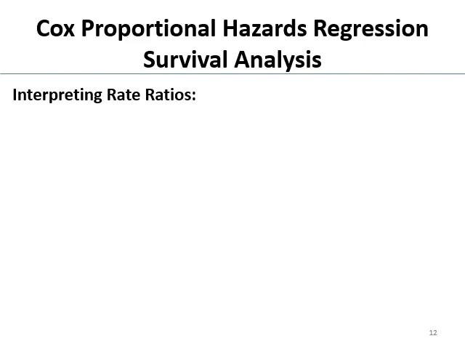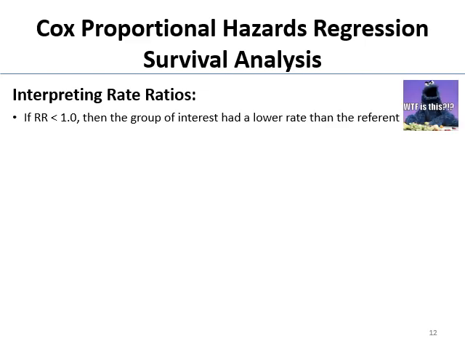So how do you interpret these rate ratios? So if the rate ratio is less than 1 and significant, that's important, then the group of interest had a lower rate than the referent. So it's just like odds ratios. If the rate ratio is less than 1, just like an odds ratio less than 1, then the group represented by the dummy variable had a lower rate than the referent.